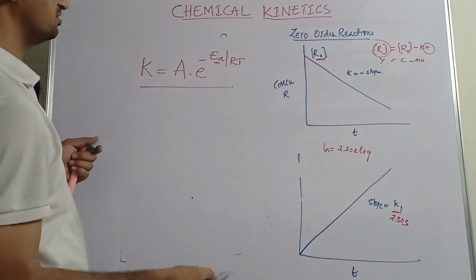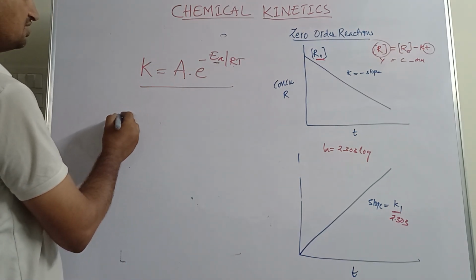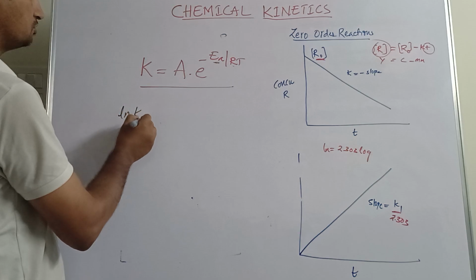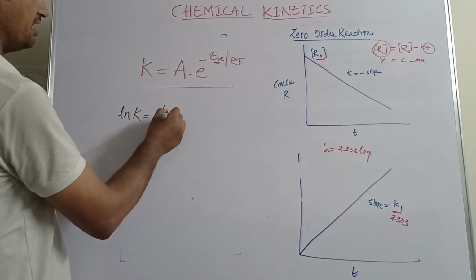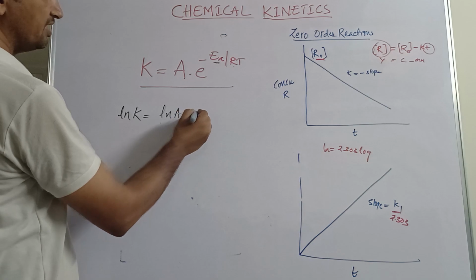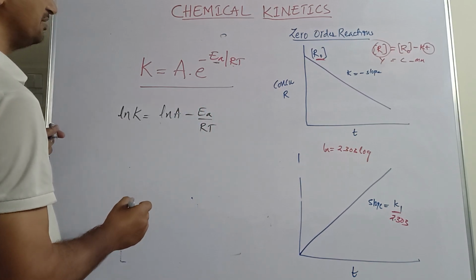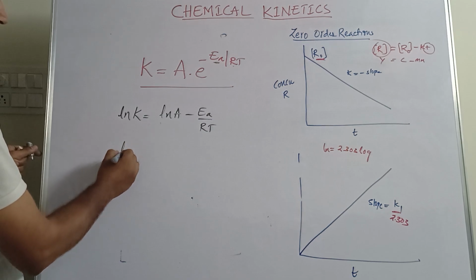Now if you plot the graph, if you are taking log on both sides, natural, we can write ln K equals ln A. Since it is exponential, we can write directly minus Ea by RT. So we can write the same thing like this.